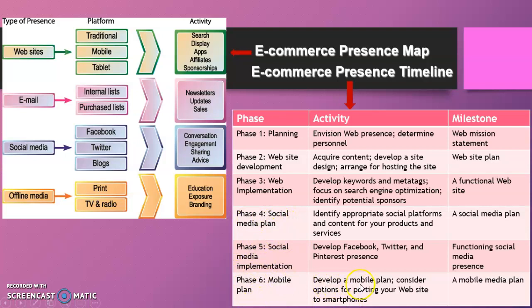You have to develop the plan, considering porting your website to smartphones. For example, when we use Maybank2u on the phone, you have the app. You can download the app, or you can use the website.